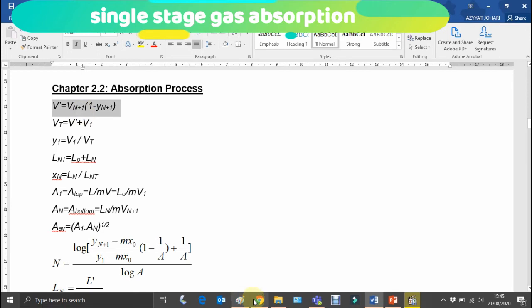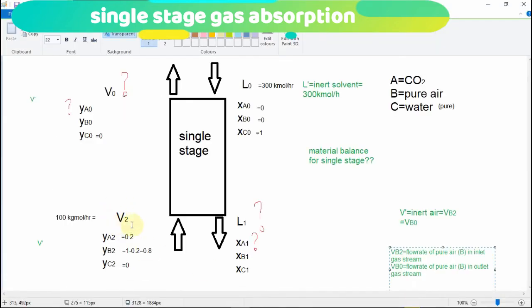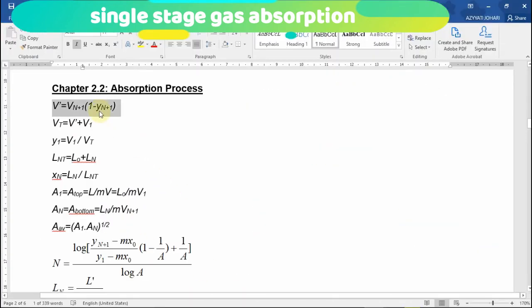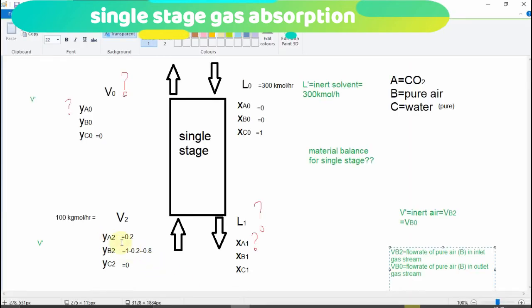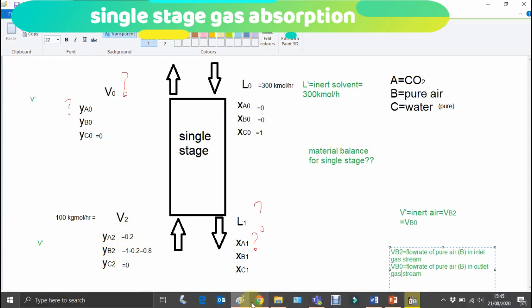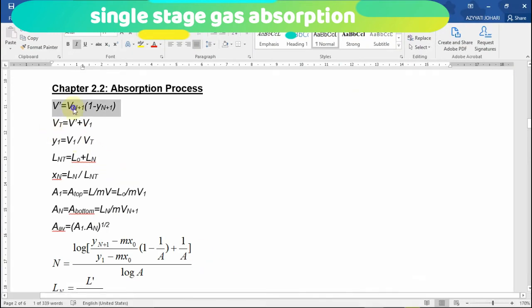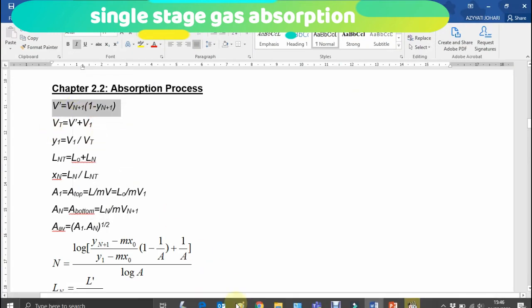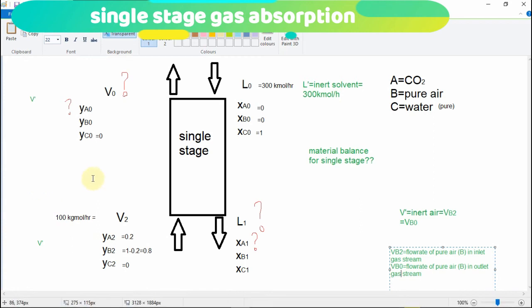So V2 is the stream here. This is V2. And this Yn plus 1, n is replaced by 1 because we use a single stage, so n is equal to 1. So this will be Y1 plus 1, which is Y2. For component A, it will be YA2, and the value of YA2 is 0.2. Okay, so if you can copy this equation on this.